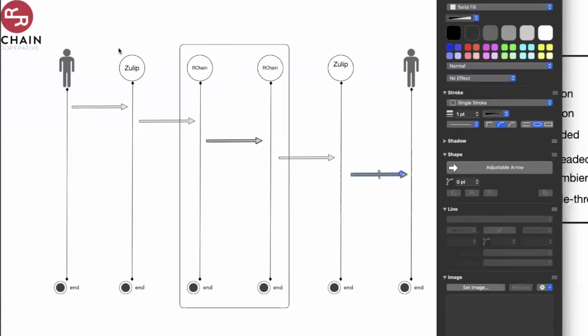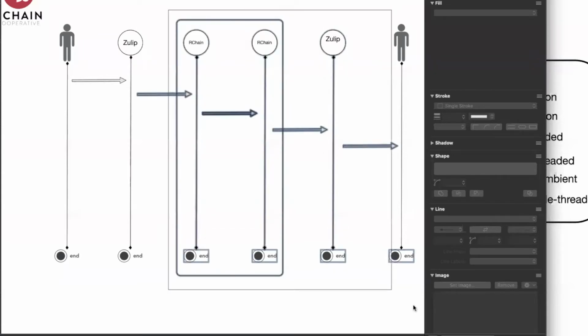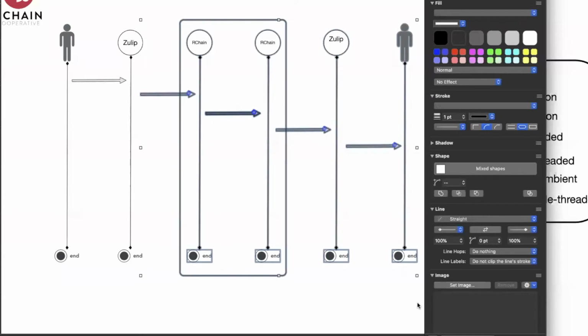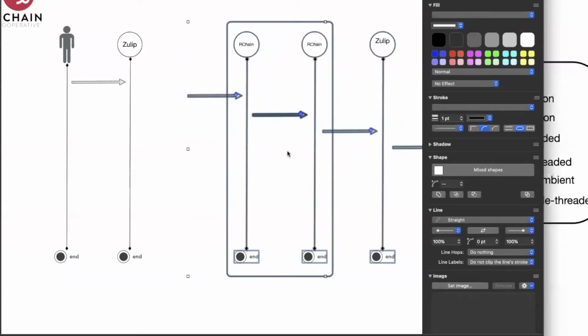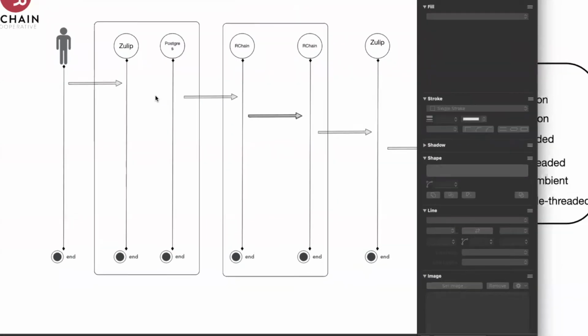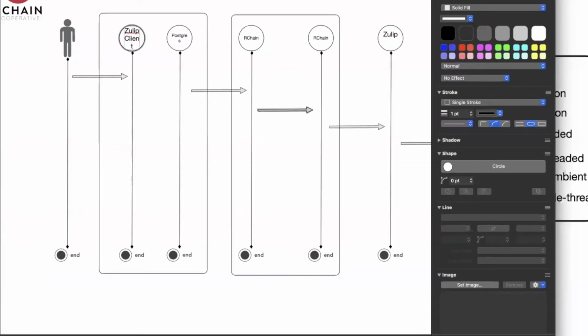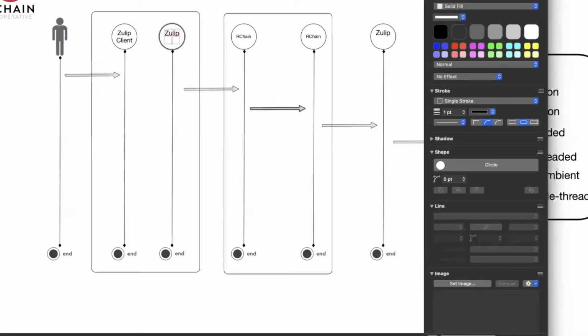And one of those components is Postgres. So let me take all this stuff and move it to the right a little bit. If I now change this to Postgres, then what's really happening is that inside this Zulip component, this is really the Zulip client, right? And this is the Zulip store, which happens to be Postgres.